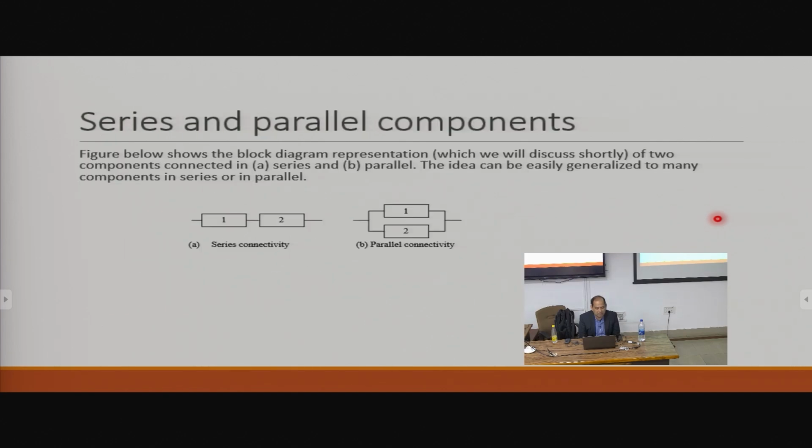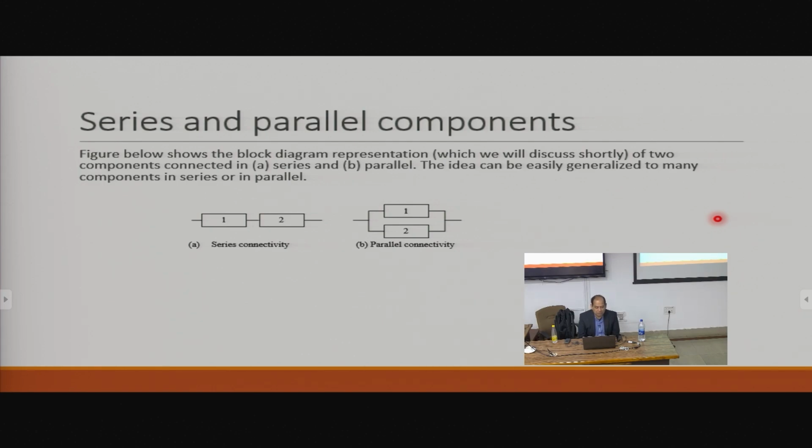So this is the block diagram representation that you might have seen before, that on the left-hand side, we have a series system, 1 and 2. Sometimes one way to think about it is, will current flow from one end to the other? Or if I send a packet from one side to the other, will it get to the other end?